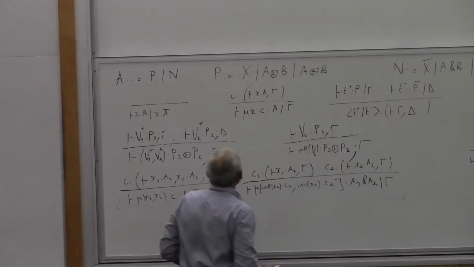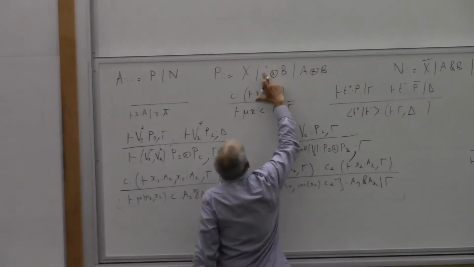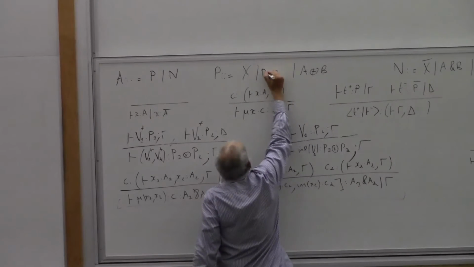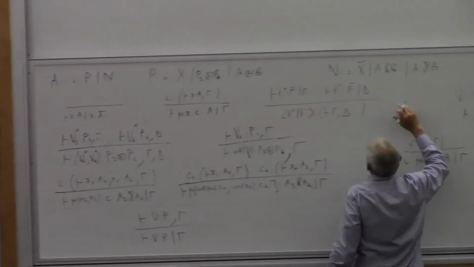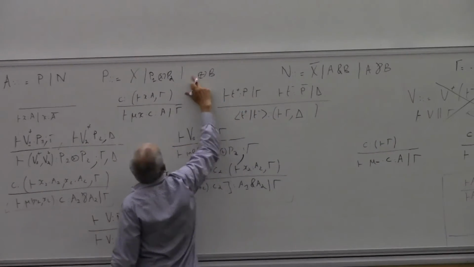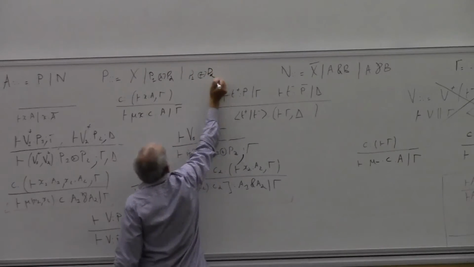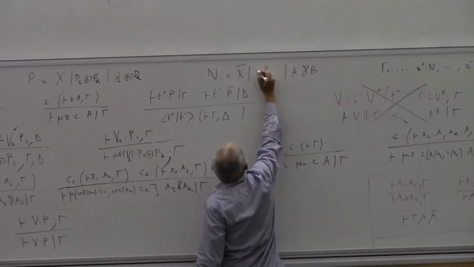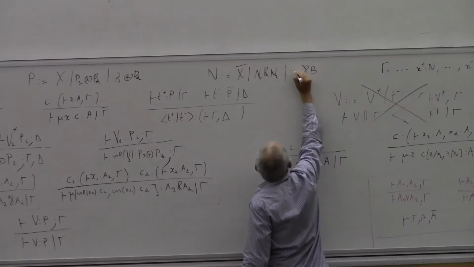So that means that actually my syntax of formulas is going to be also seemingly more restricted. And similarly here, these are going to be negatives. These are going to be negatives.